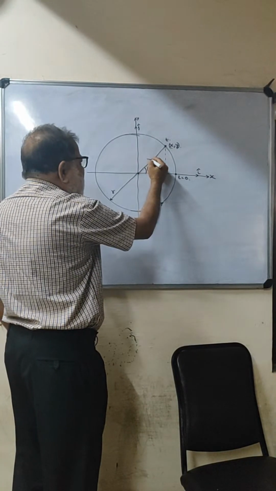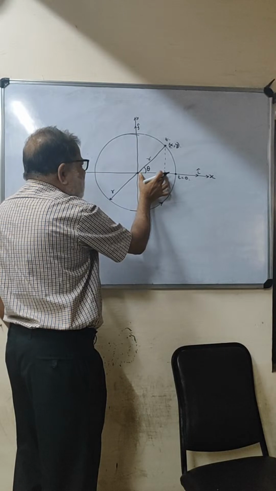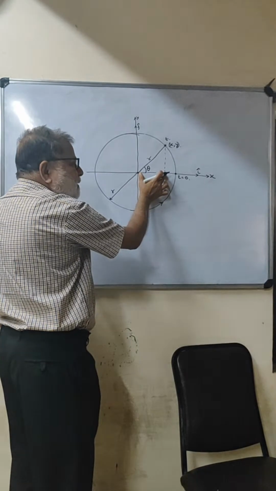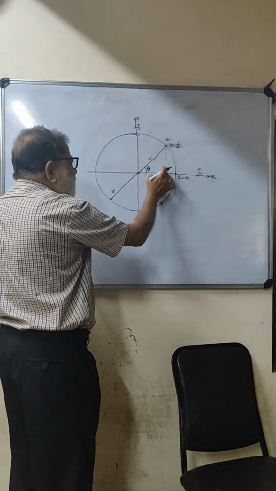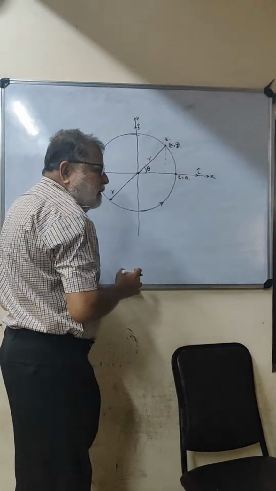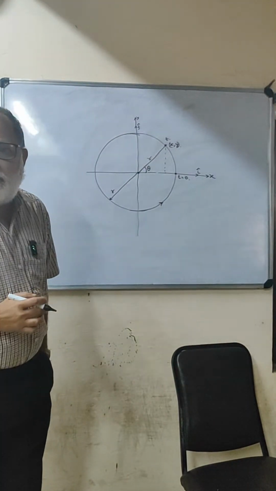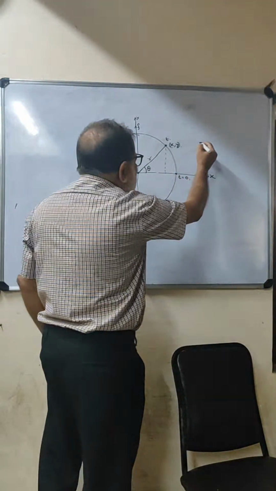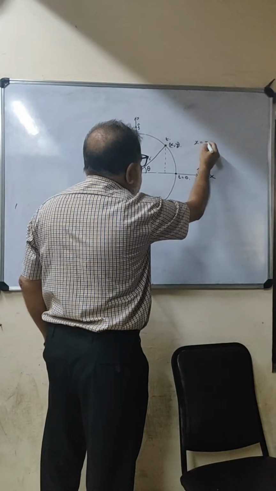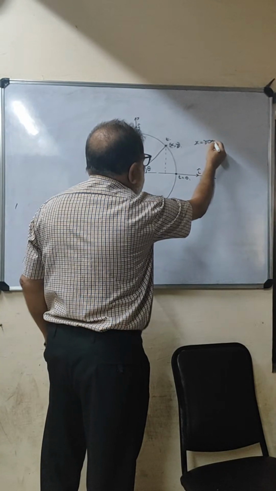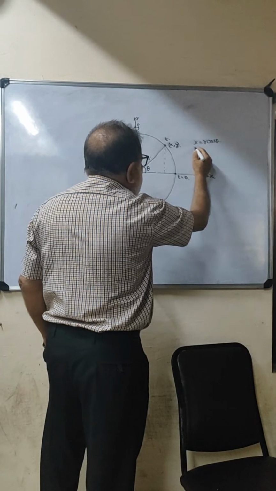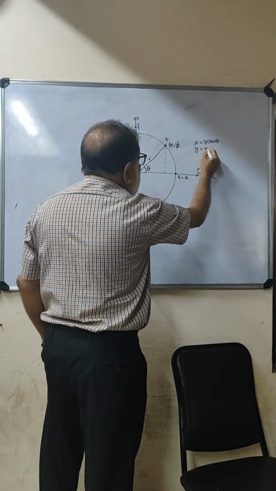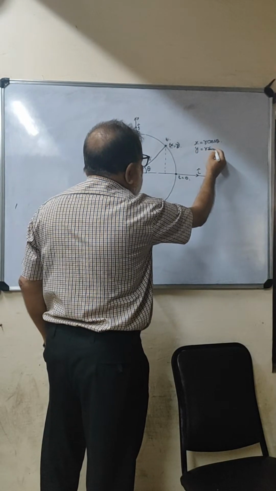This is r. So what is this length? r cos theta. This is a right angle triangle. Is it clear? So x is r cos theta. And y? r sin theta. Correct.